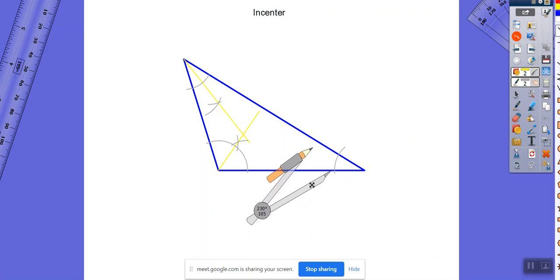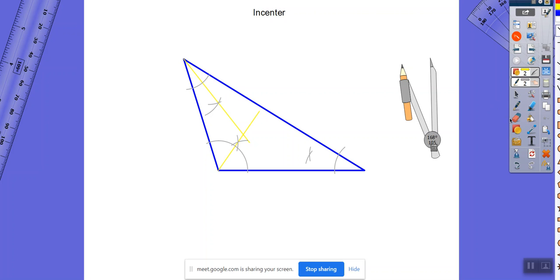So then I'm on to my third angle. It's the same process for finding the angle bisector for my third angle. And if I did everything right, if I come through here, go from the vertex through the intersecting arcs, I should end up in the same exact, oh, look at that.